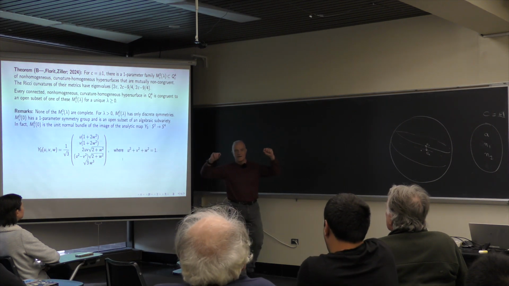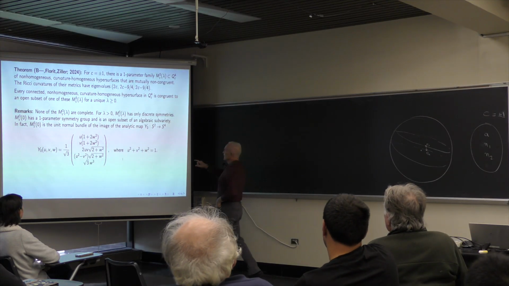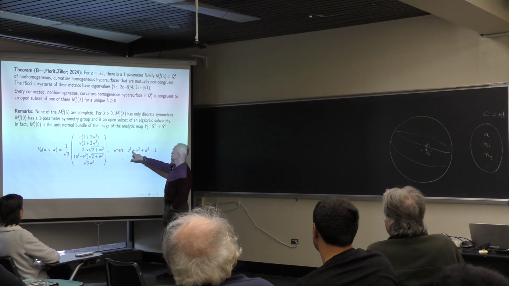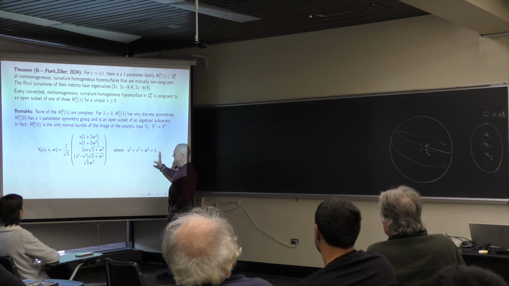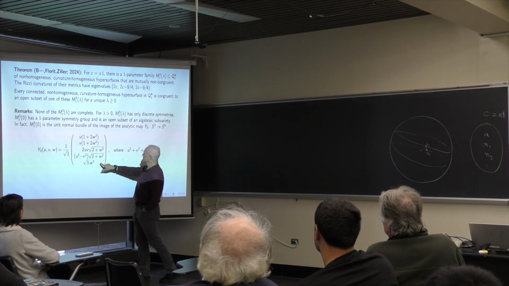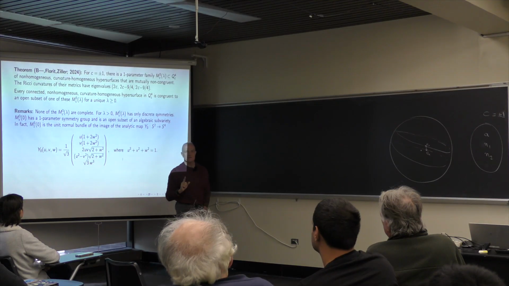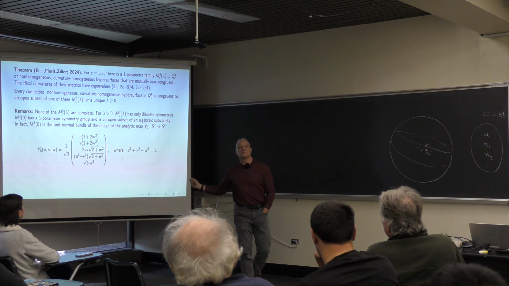So it looks like it's a copy of the 2-sphere, which is given by u squared plus v squared plus w squared is 1, but you'll notice in the explicit formula that I give, w appears to the second power and the third power, which means that this is not an immersion.